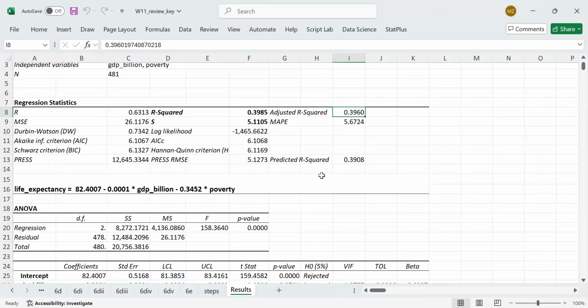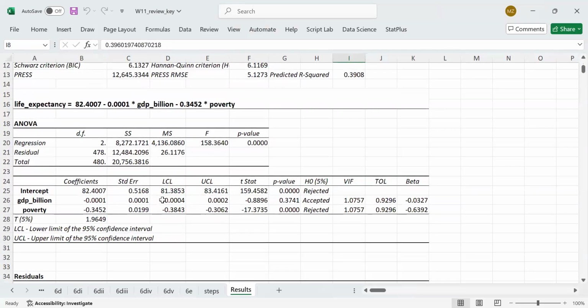And then the 95% confidence interval is given here, the LCL and UCL in the results. So the 95% confidence interval for the poverty coefficient is minus 0.3843 to minus 0.3062, right?